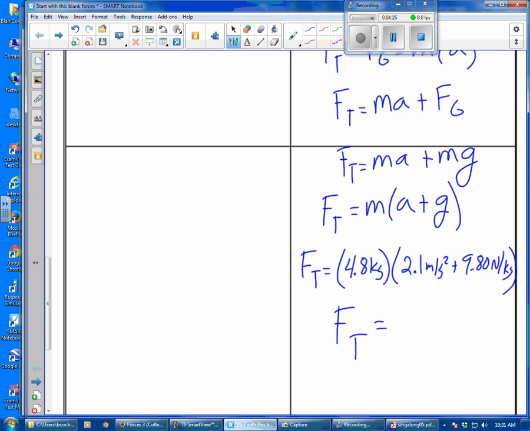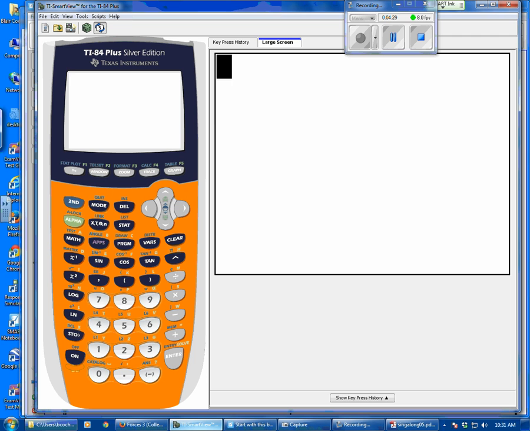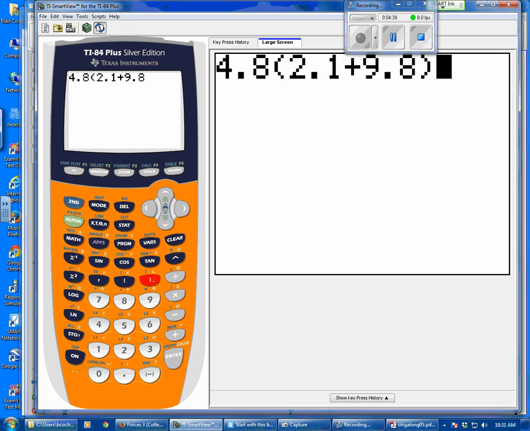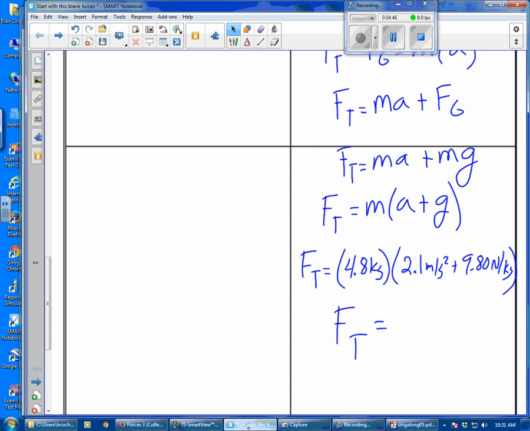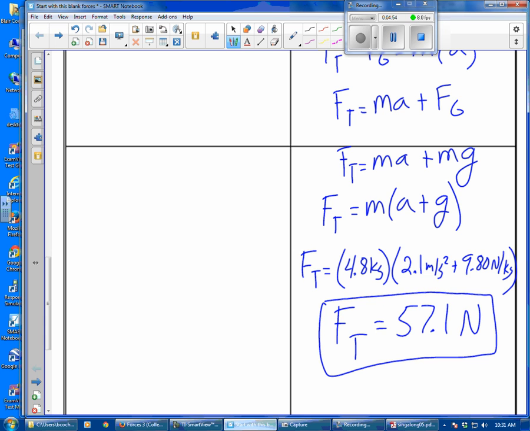And I do my math, which would come out to be 4.8 times 2.1 plus 9.8. 57.1. 57.1 newtons. Kilograms times that whole message. Hopefully that's it. That's it.